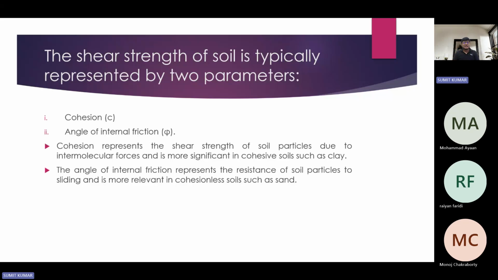Suppose you are standing on any soil at any place, it has that much strength that it can sustain your weight. If it doesn't have strength, it becomes marshy, and you are going to drown into that section.